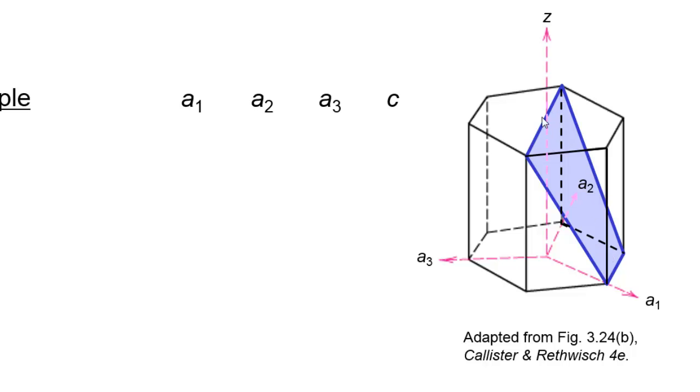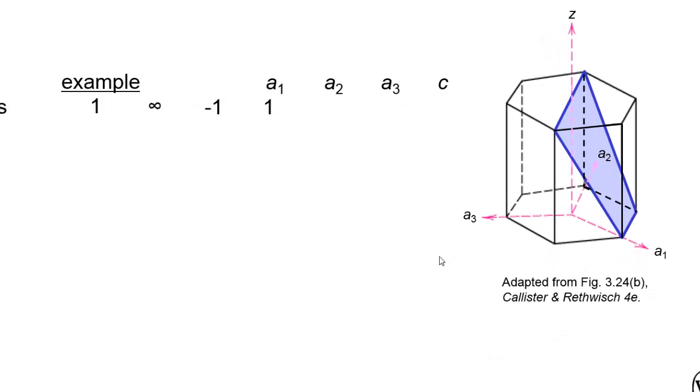And A2, notice how it has a line going from this edge to that edge. That's parallel with A2. So A2 will be 0. Oh, and also it intersects Z at the value of C.